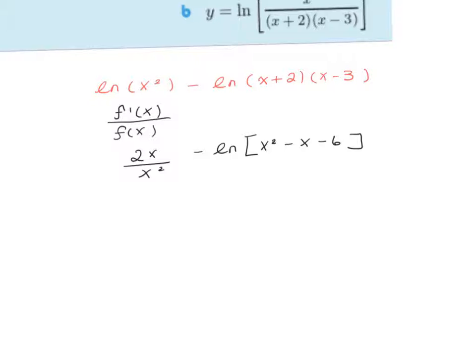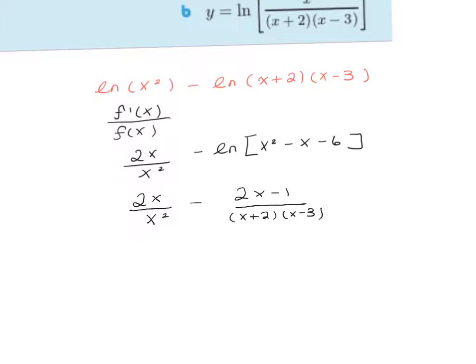So 2x over x squared, we'll cancel out the x's here in a moment, minus, okay, I'm going to derive that x squared minus x minus 6 part. What do I get? Yeah, 2x minus 1, and what am I going to put that over? Yeah, over the original, which is x squared minus x minus 6, or x plus 2 over x minus 3.